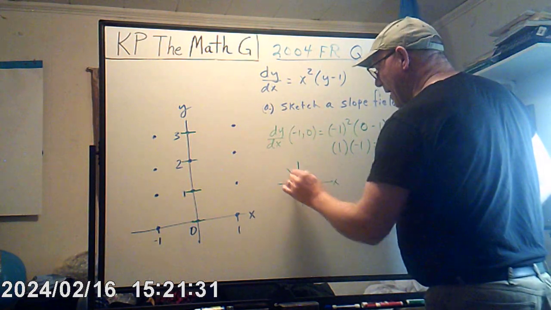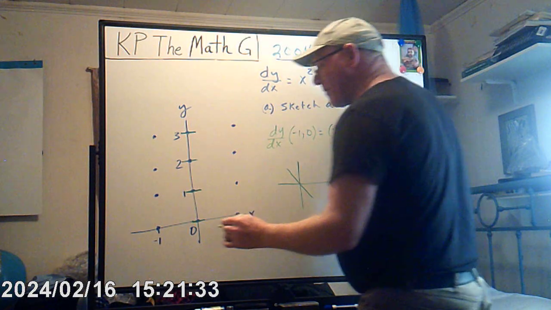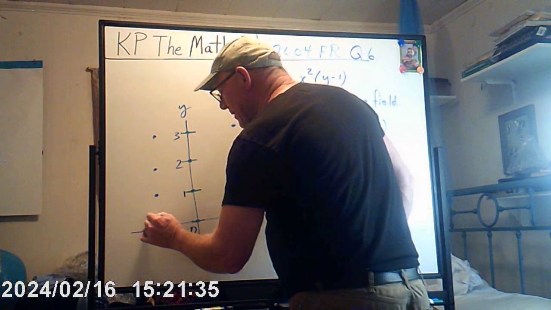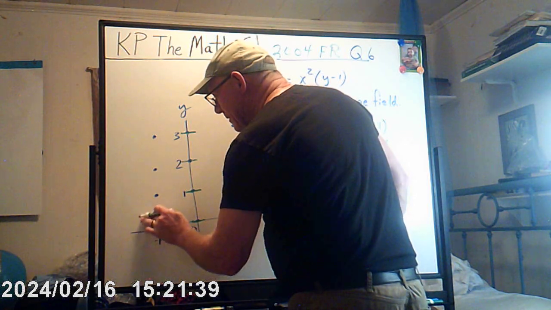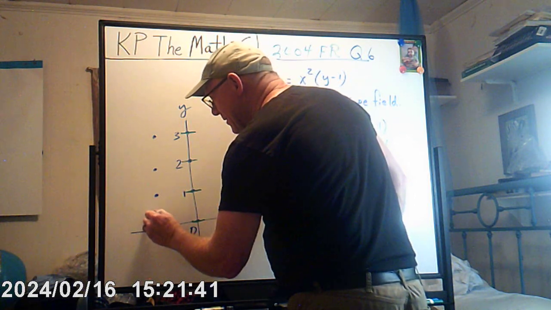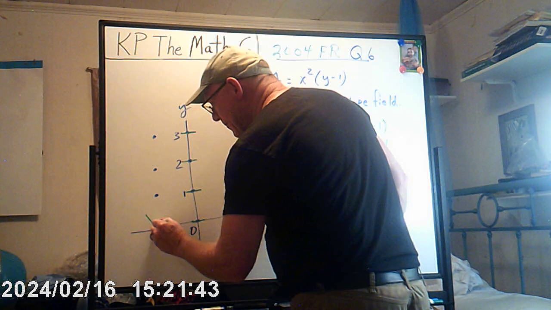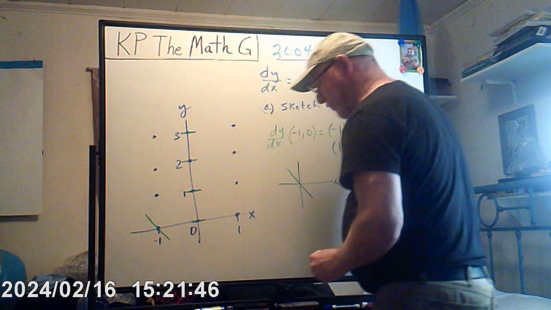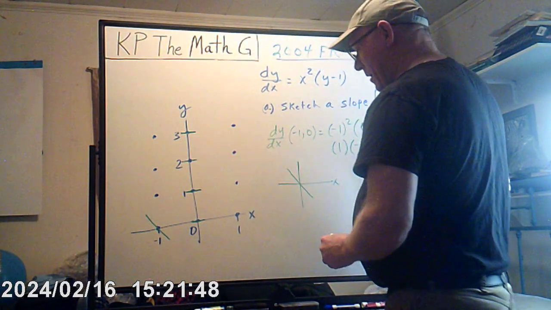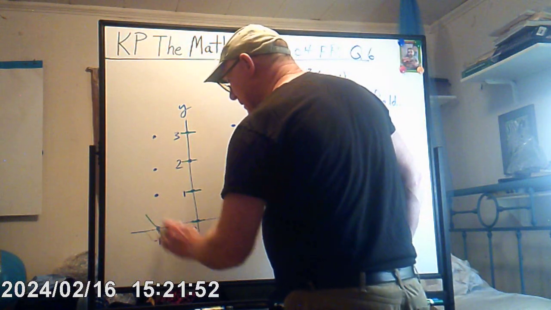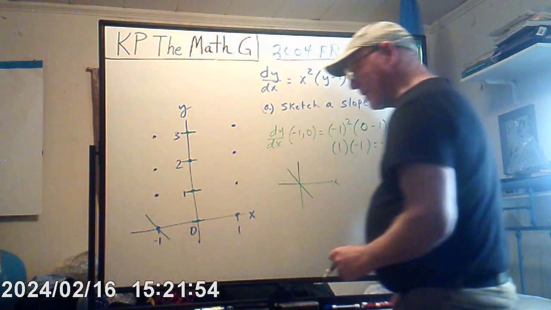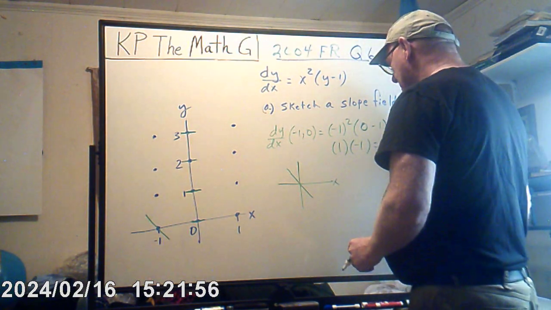So negative 1, 0 is at a 45, leaning to the left. That's the way it should be.